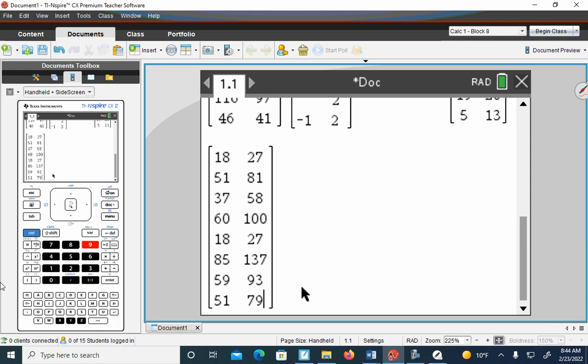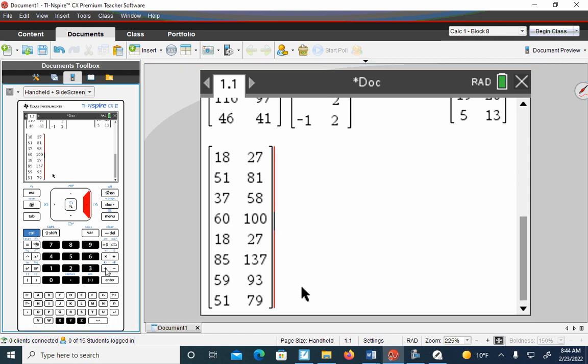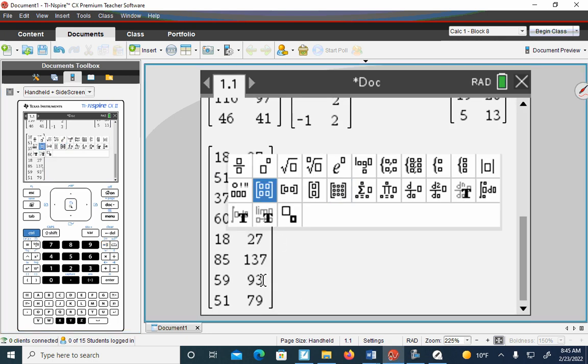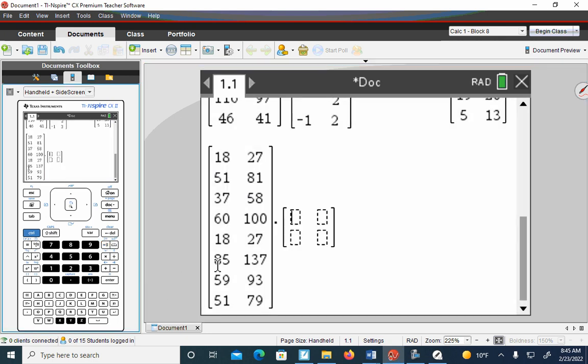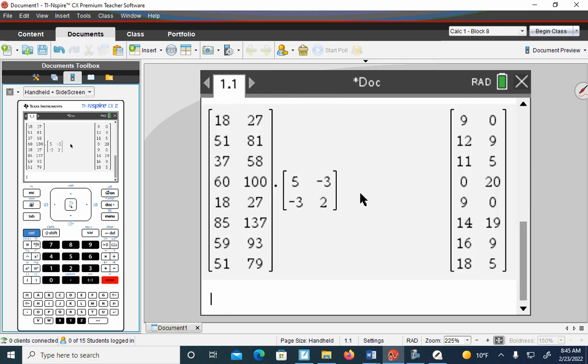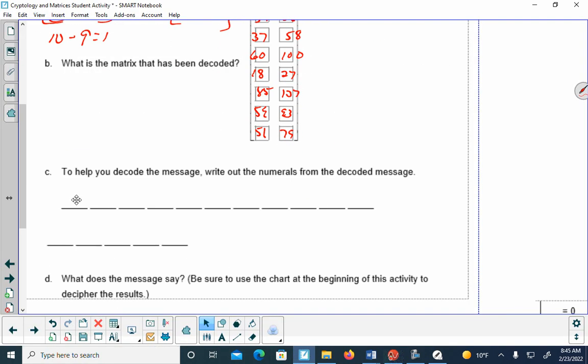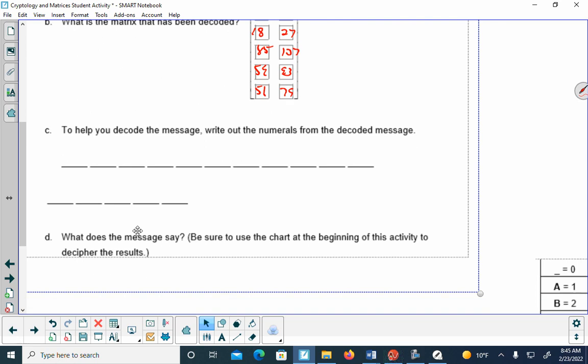I'm getting out of the matrix, and now I'm multiplying it by the decoding matrix, that inverse I just found: 5, -3, -3, 2. And I'm going to get these numbers here. It says to help you decode the message, write out the numerals from the decoded message. I'm just going to write them out in a long list, because that's going to make it easier for me to decode.